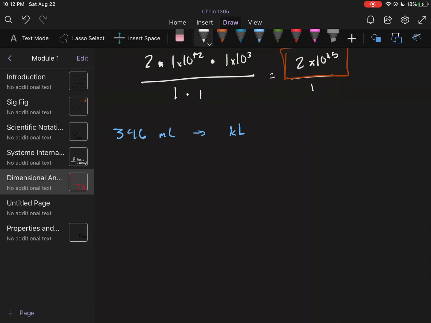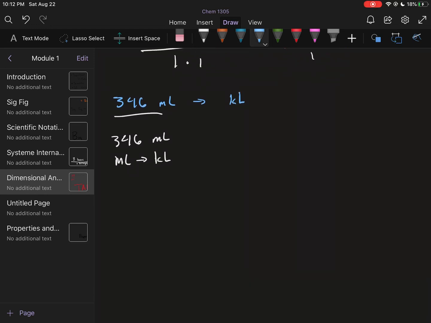So what do we know? Well, we know that we have 346 milliliters. And we also know that we want to move from milliliters to kiloliters, right? This means that we're going to have to convert from milliliters to liters and liters to kiloliters. How do we do that? Well, that's when these conversions come in.